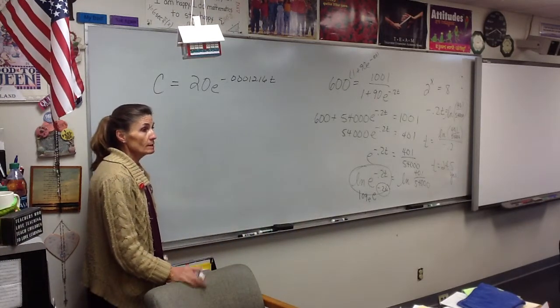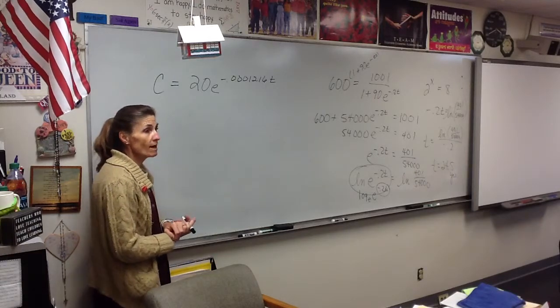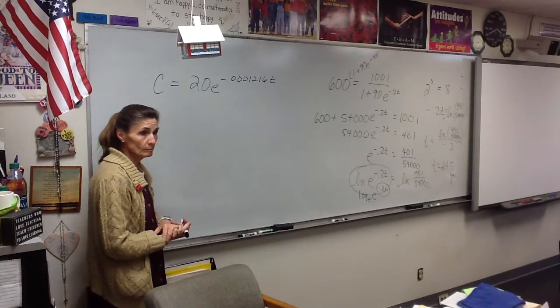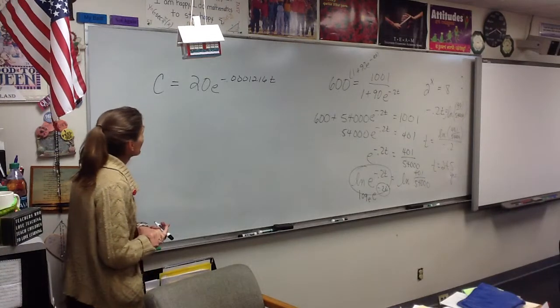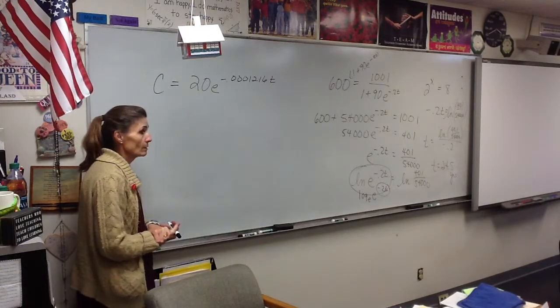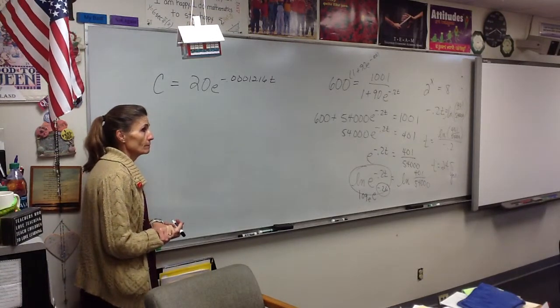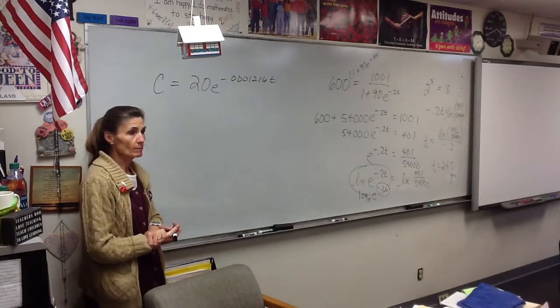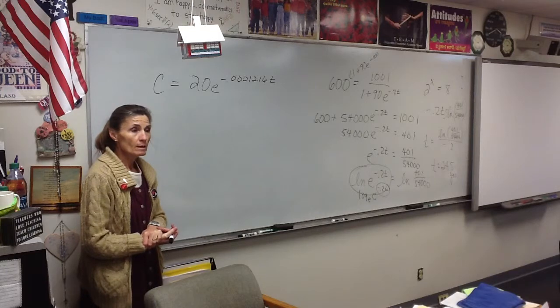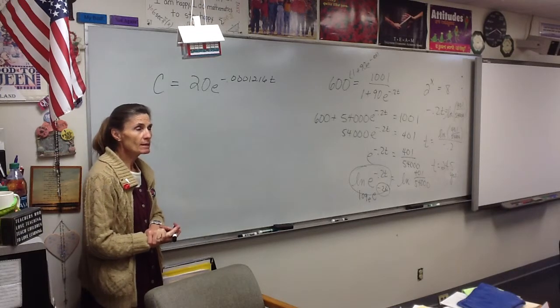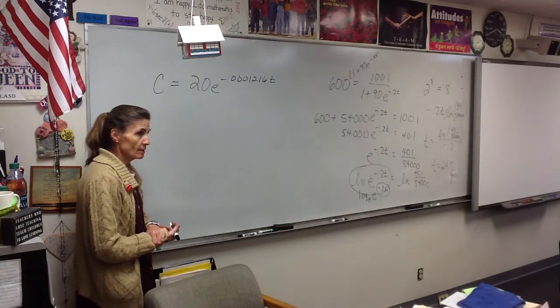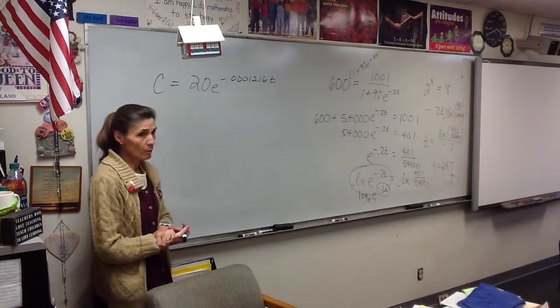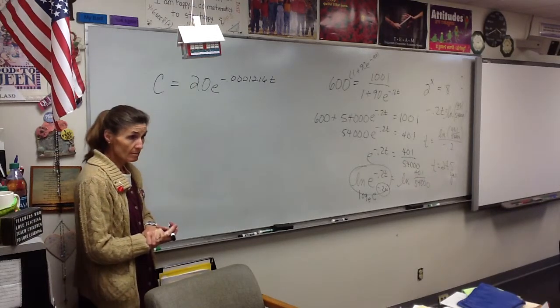One simple question, what's the half-life? What's the initial value? How much carbon am I starting with? 20. If I'm talking about half-life, how much carbon do I want to end up with? 10.